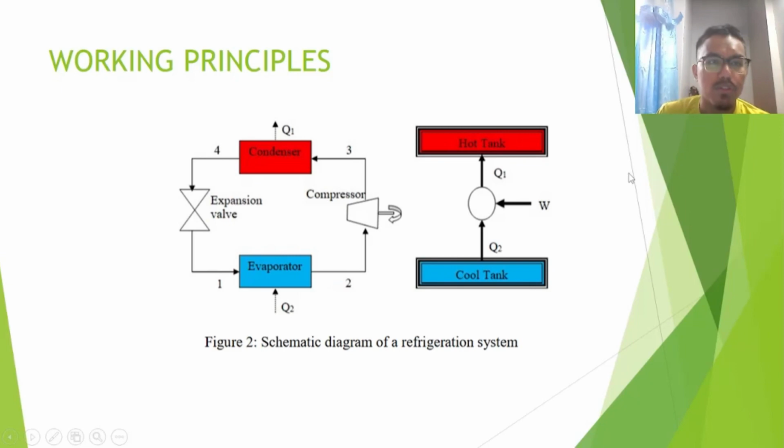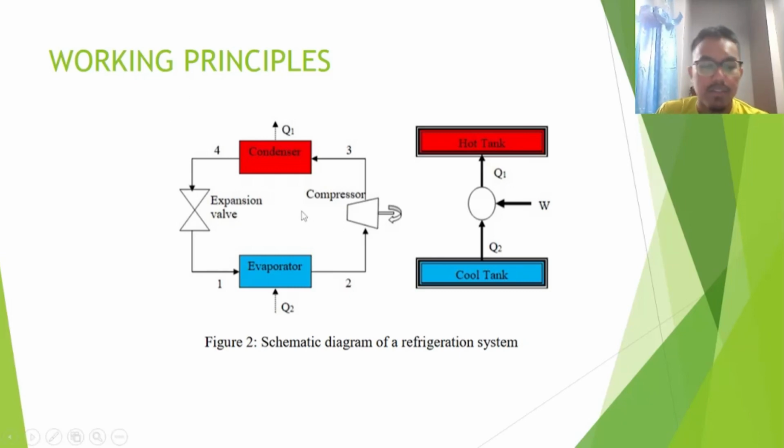Next we move to the working principle. The refrigerant comes to the compressor as a vapor and is compressed to the condenser pressure, as shown in this figure. It exits the compressor with a high temperature. Then it cools down and condenses as it moves through the condenser coil, releasing heat to the environment.